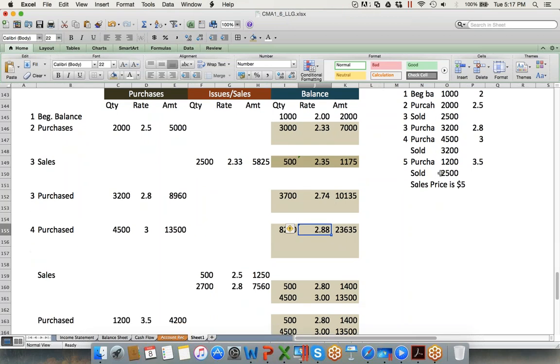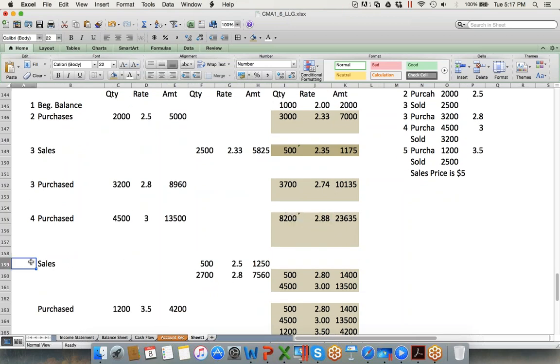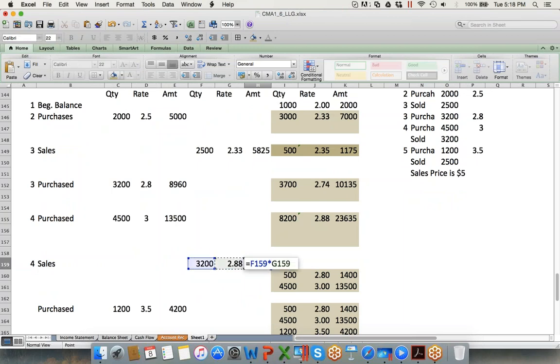Then the same day we sold goods, 4th of March we sold how many units here? 3,200. No need to give bifurcation here. What you can do is you can just take down this. 3,200 units at the rate of 2.88, and the value will be 9,216.